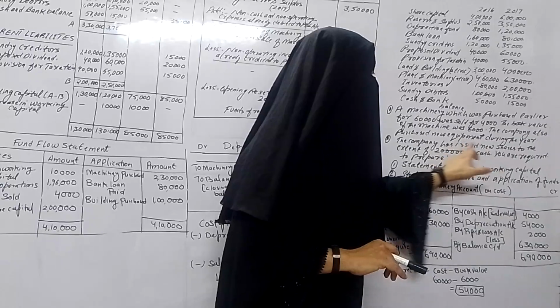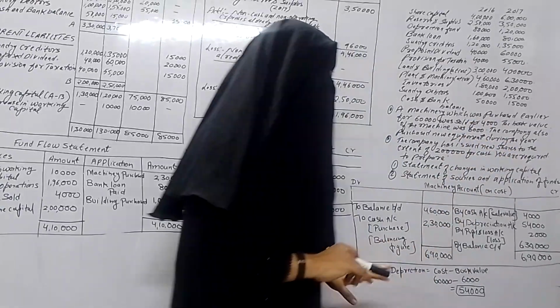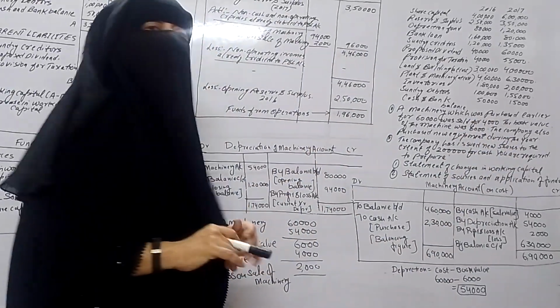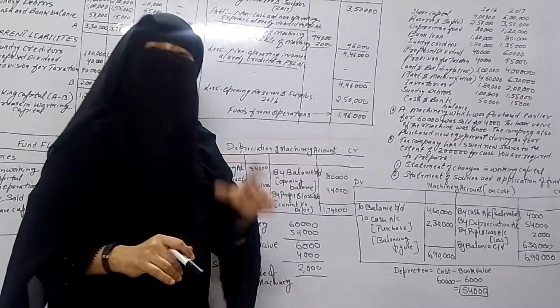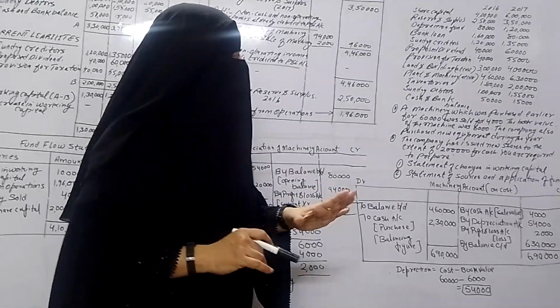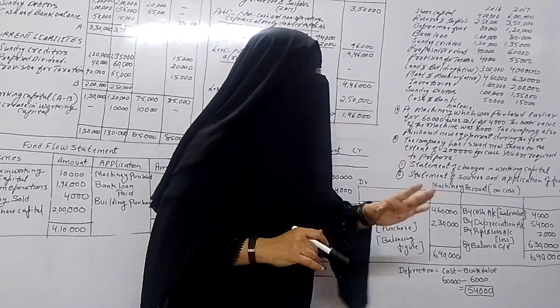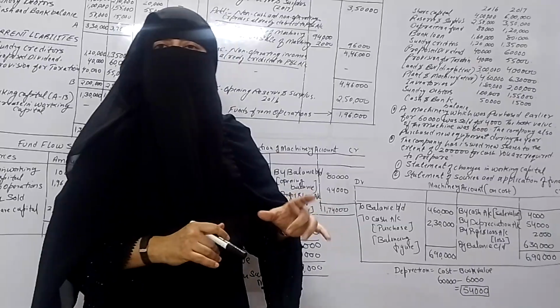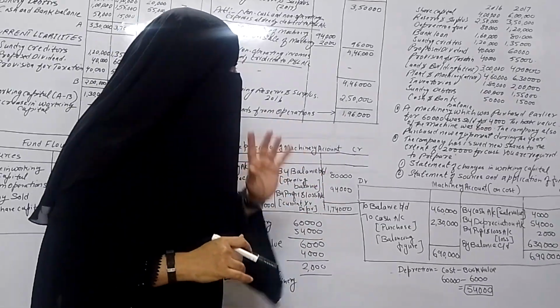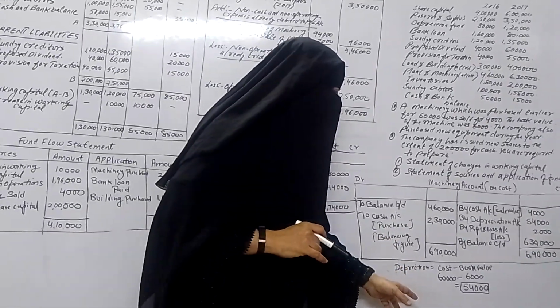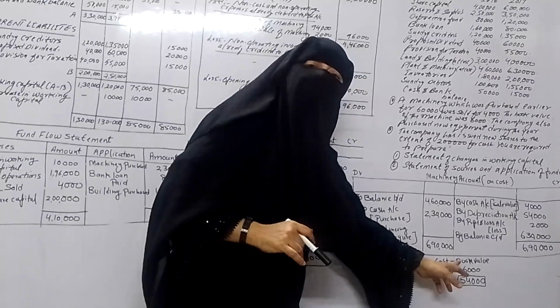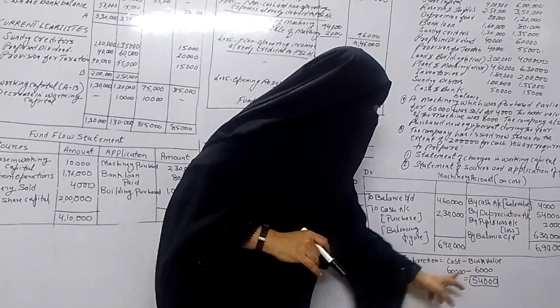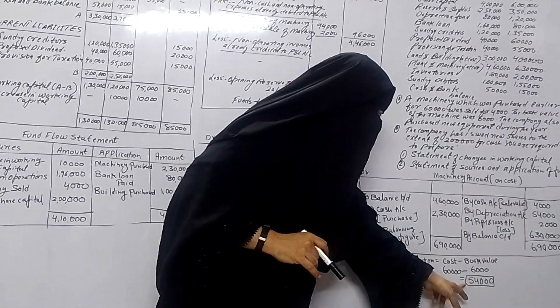The company also purchased new equipment during the year. We need the depreciation of machinery sold. The depreciation is not given. It's given the cost value and the book value. So depreciation we can find out from cost: we subtract the book value. Cost minus the book value, we get the depreciation.